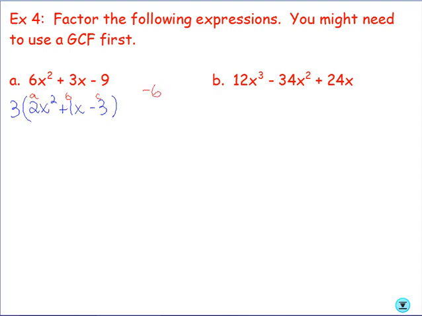We are looking for two numbers that multiply to give us negative 6 and add to give us 1. Only options, 1 and 6, 2 and 3. We need to multiply to get a negative, 1 positive, 1 negative, add to get a positive. The bigger one's positive. Which pair adds up to get us a 1? That would be this pair.